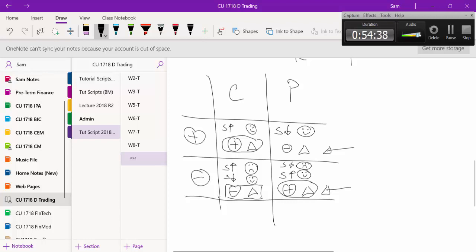So quite often, especially if you are in a hedge fund or you're running an option portfolio, you will have some stocks: stock 1, stock 2, stock 3, stock 4, and you might be long a call in stock 1, and you are long a put in stock 2. You might be short a put in stock 3, and so on.